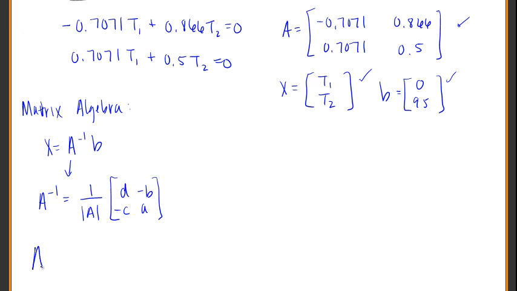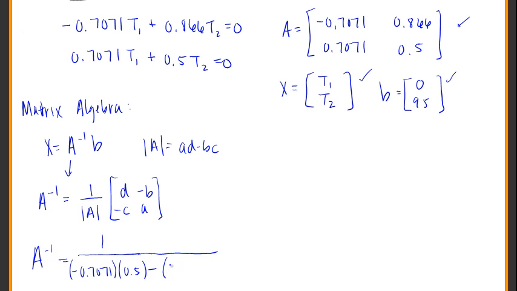Let's go ahead and find it. So A inverse is going to be 1 over the determinant of A. And remember, let me write this part too, just so we can recap. The determinant of A is AD minus BC. So AD, it's going to be pretty big, but negative 0.7071 times 0.5 minus B times C, so 0.866 times 0.7071.